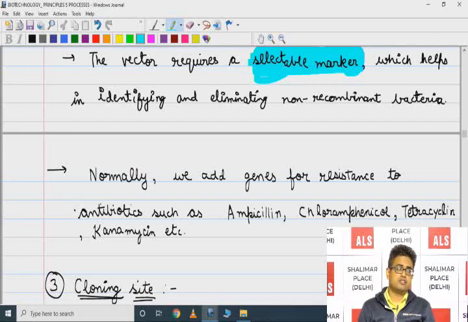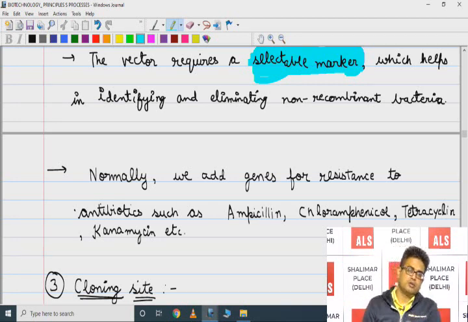So if an antibiotic resistance gene is added, and you add a particular antibiotic, all the non-useful bacteria will be killed, while the useful bacteria which have the gene of interest along with the antibiotic resistance gene will survive. If you introduce the ampicillin resistance gene and you give a high dosage of ampicillin, all the non-useful bacteria will die, and only the useful ones will survive.